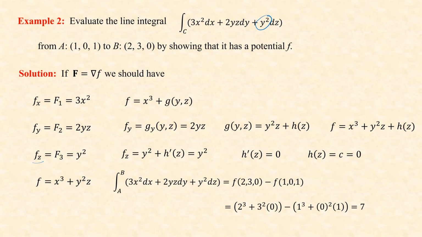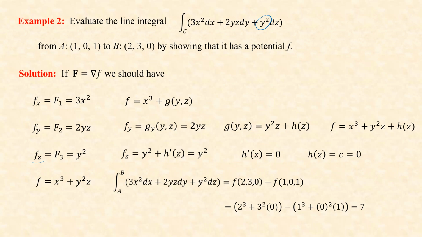If that y squared was, say, like a z squared, would our potential f be x cubed plus y squared z? Would it be plus 2z, or some other term? Would that z go away? No, wait a moment. Y squared.